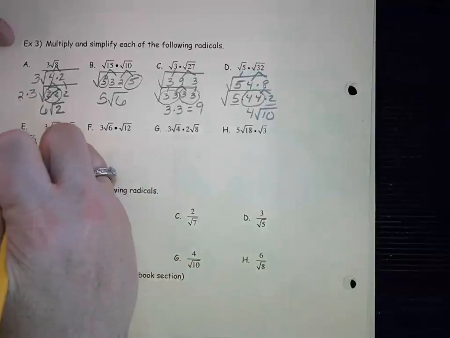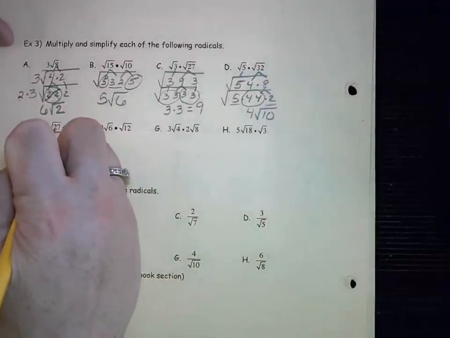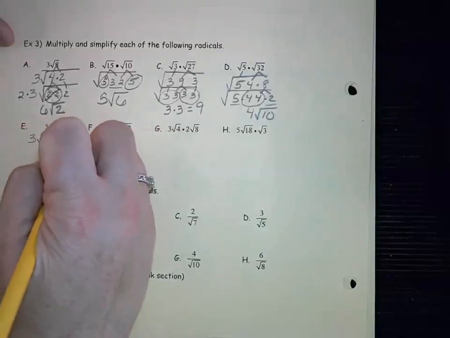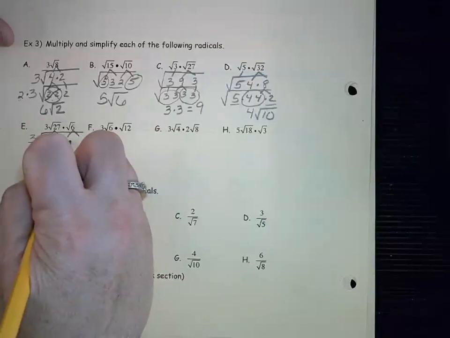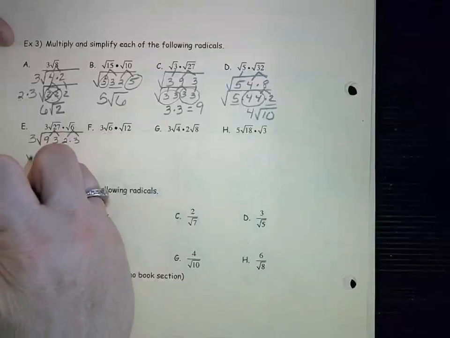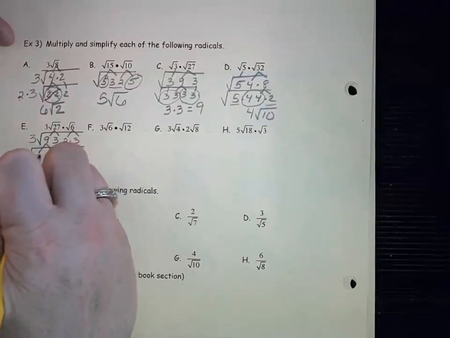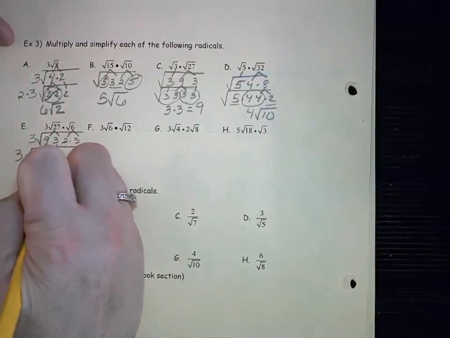Letter E, that 27 will be a 9 times 3. The 6 will be a 2 times 3. That 9 can be broken down again.